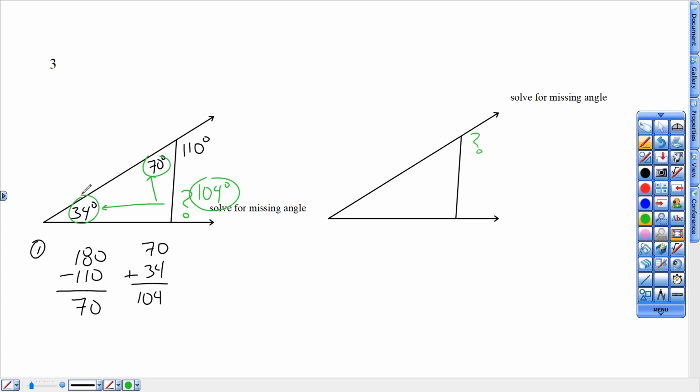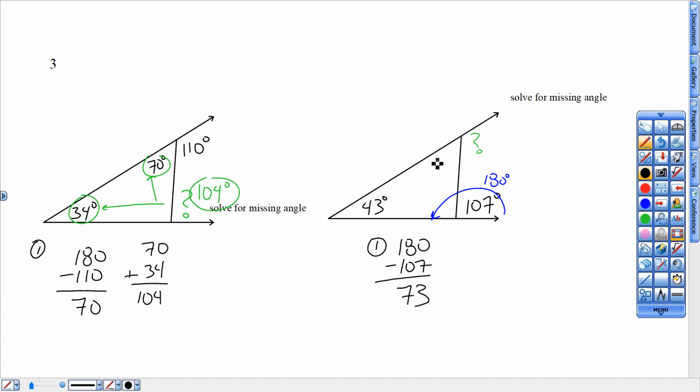For this one, you take away this 107 right here away from 180, and then add that number to 43. So for this one, I don't take away 110 from 180, I take away 107 from 180 to get that missing piece. So 180 minus 107, I believe, gives me 73.